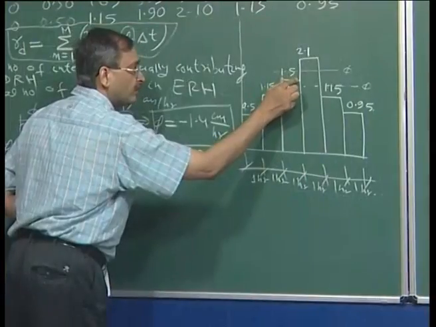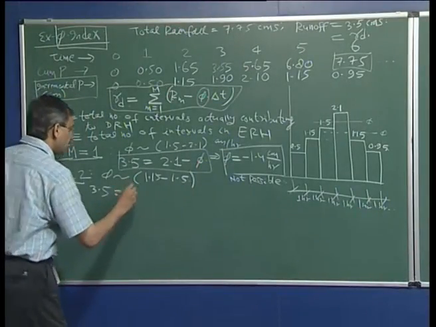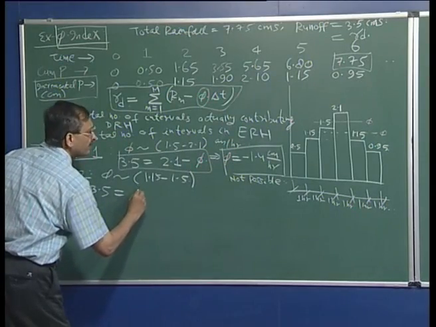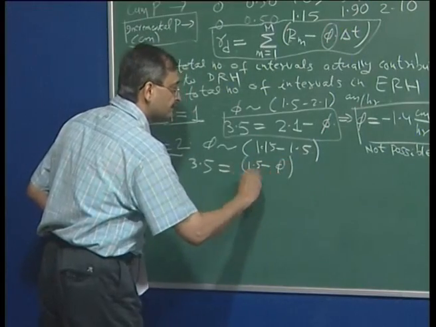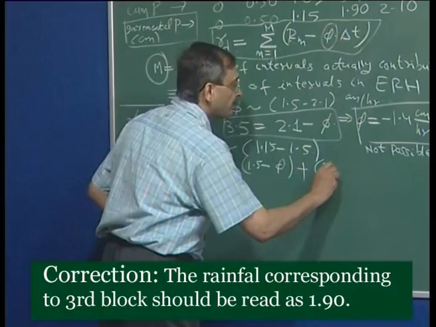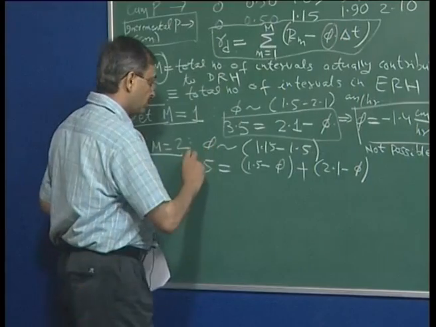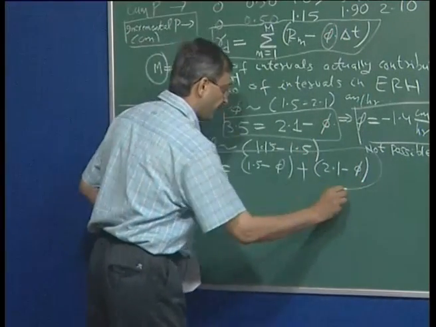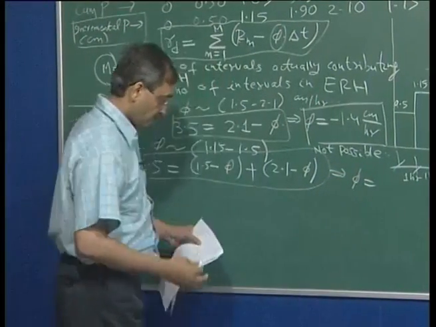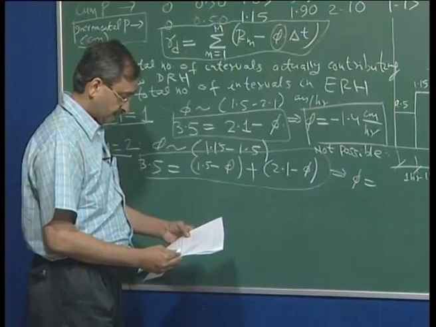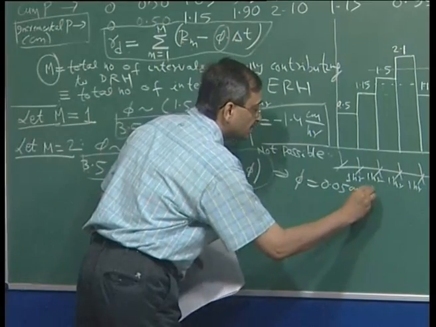So, you will have 1.5 minus phi, delta t which is 1, plus the other one, 2.1 minus phi. You can solve for phi easily. This will give you phi equal to 0.05 centimeters per hour.